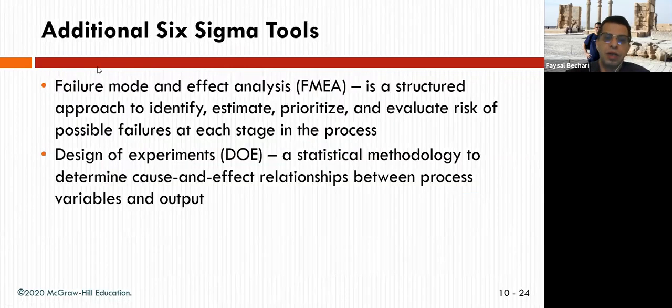There is another additional tool, which is additional Six Sigma tools, which is failure mode and effect analysis. It is a structured approach to identify, estimate, prioritize, and evaluate the possible failures at each stage in the process. Let me give you an example. One failure might be different than another failure, and there are two things.